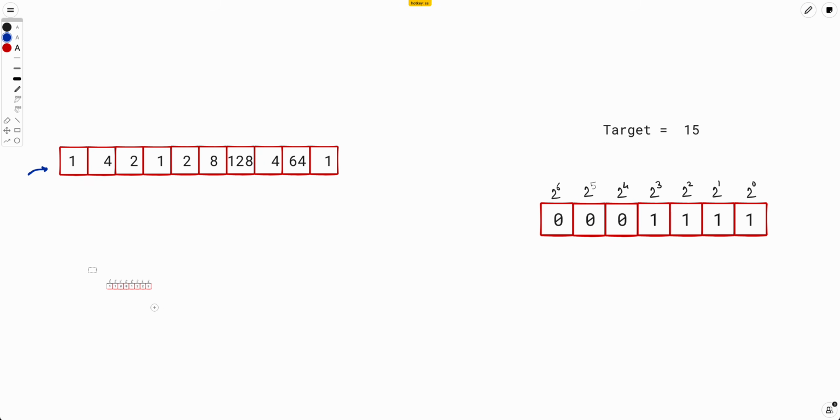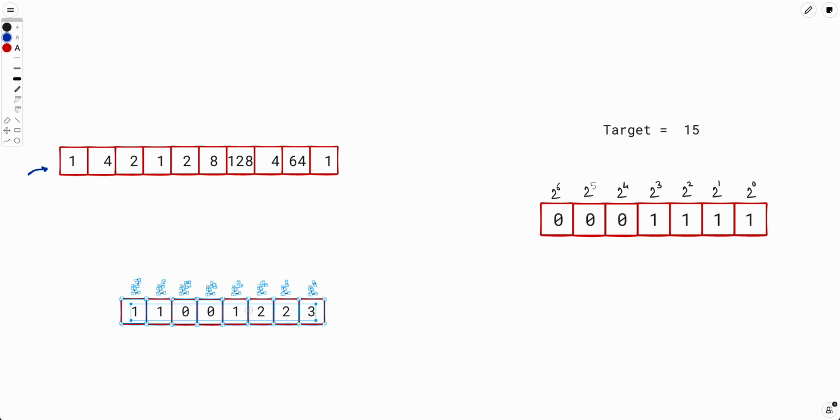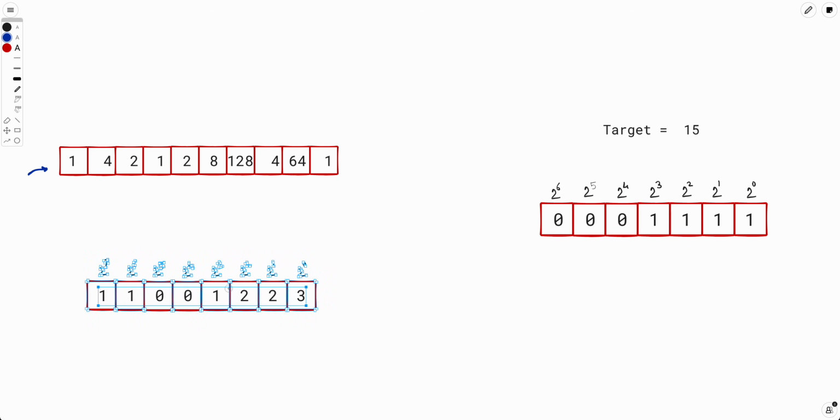So to simplify this even further, I will convert this array into powers of 2 as well. So I will say, okay, 1 occurs 3 times in the array, so I will put 3 as the frequency of 2 power 0. Similarly, 2 occurs 2 times, so I will put 2 as the frequency of 2 power 1.